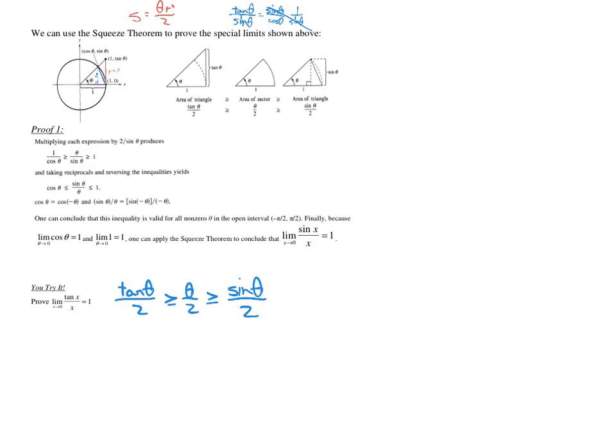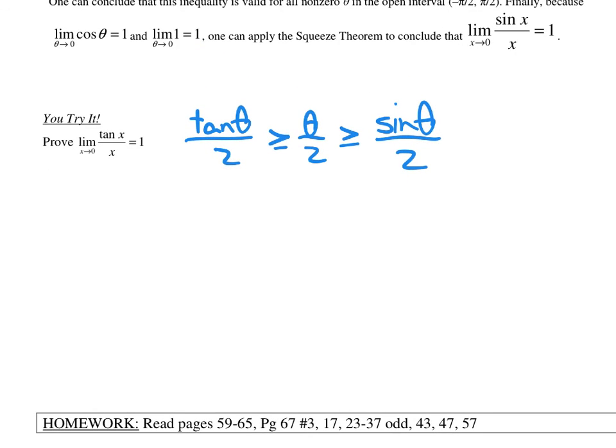So let's multiply. What do you guys think we ought to do here? Multiply by 2 over theta? That's going to get us back to what we did in the first proof. 2 over tangent is good. Yeah, let's try multiplying by the other one. So let's multiply by 2 over tangent theta on all three parts.